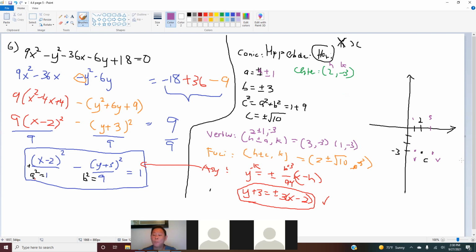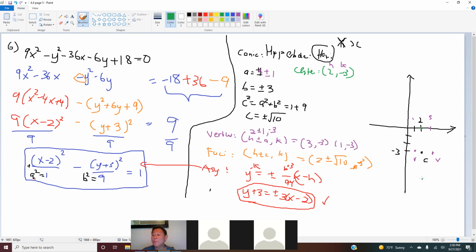But we don't know how wide or how narrow your hyperbola is, so we need to draw the box. In order to draw the box, we need the a and the b. We got the a done. Now we just need your b. This is your a, which is 1. Your b is 3, so you go up 3 and you go down 3.